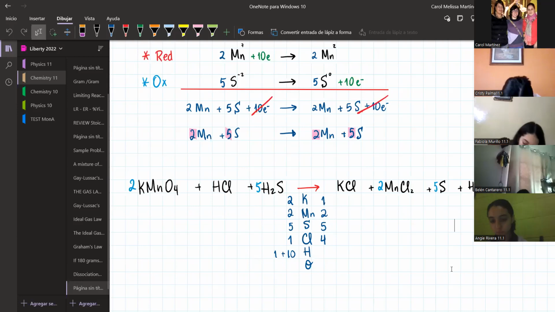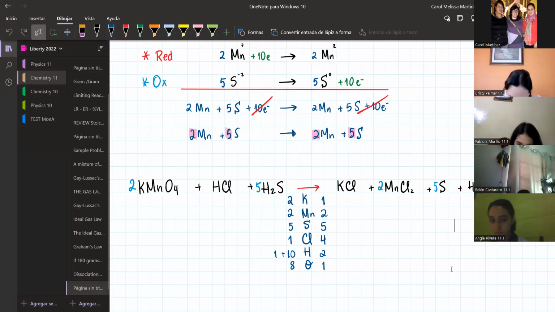I have 11 hydrogens and on the other side I have just 2. And in oxygen I have 8. Yeah, just 8. And in the products I have just 1. So still not balanced, but we already found the most difficult coefficients to find when we are balancing.